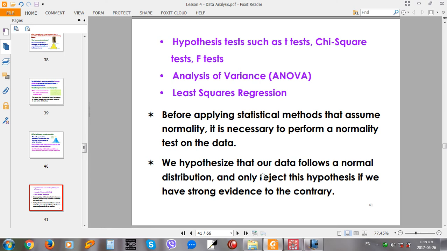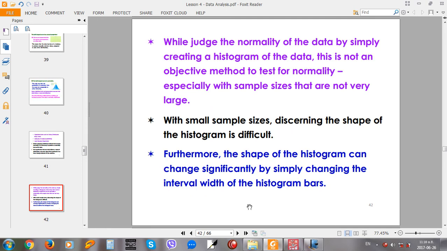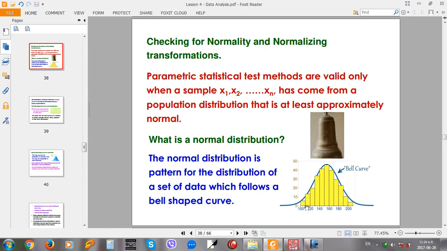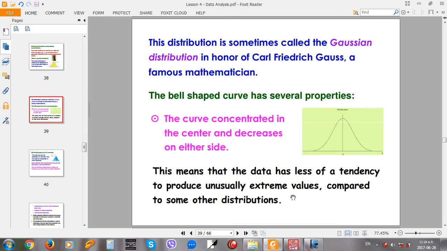We hypothesize that our data follows the normal distribution, and only reject this hypothesis if we have strong evidence to the contrary, right? We can judge the normality of the data simply by creating a histogram. If we create the histogram, we can see whether it is normally distributed or not.